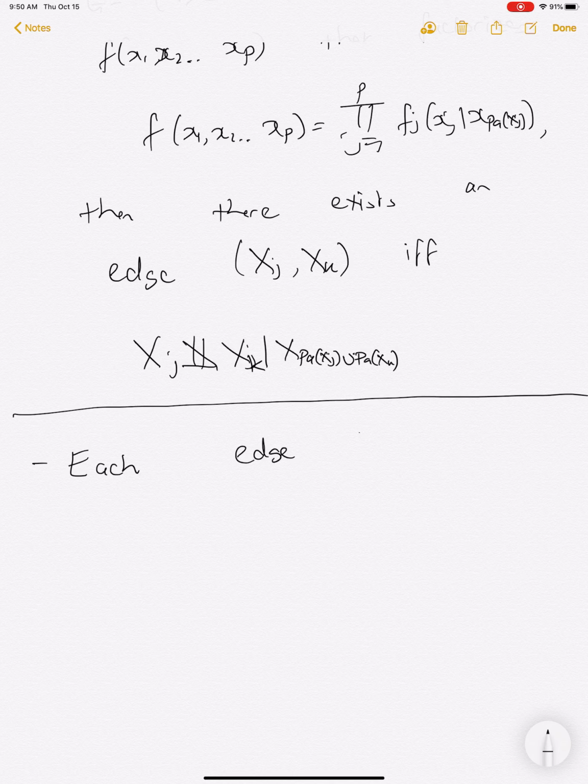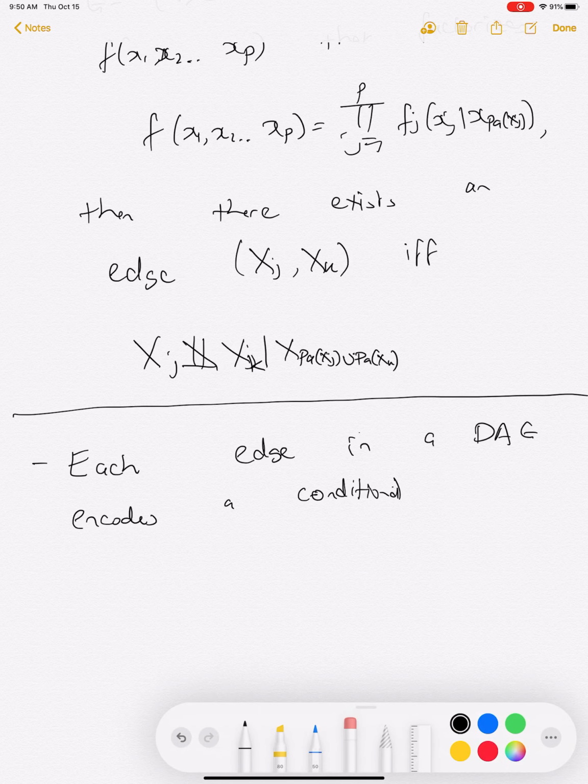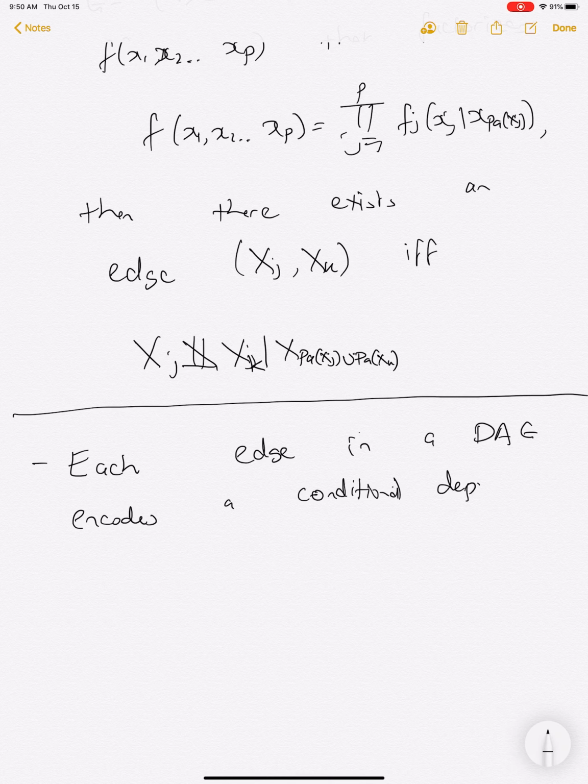Each edge in a DAG encodes a conditional dependence.